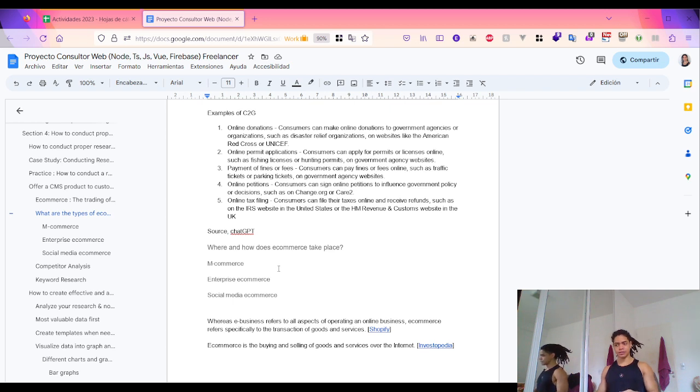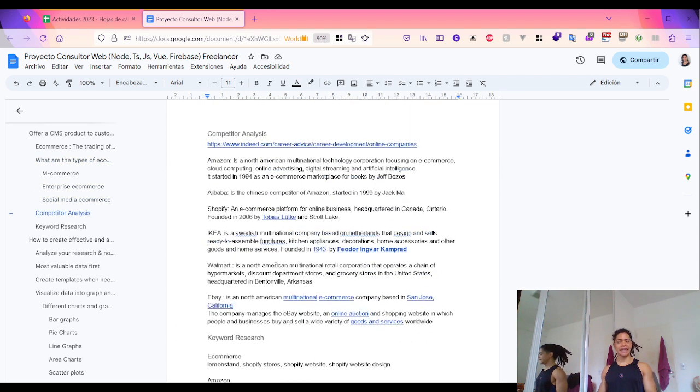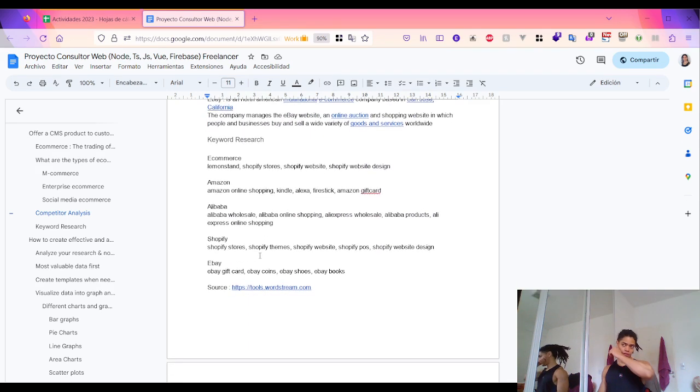So with that, then I look at a quick competitor analysis, based on the top companies in that industry, like Alibaba, IKEA, Shopify, eBay, Walmart, and also the keyword research from that to understand what's going on in that industry.